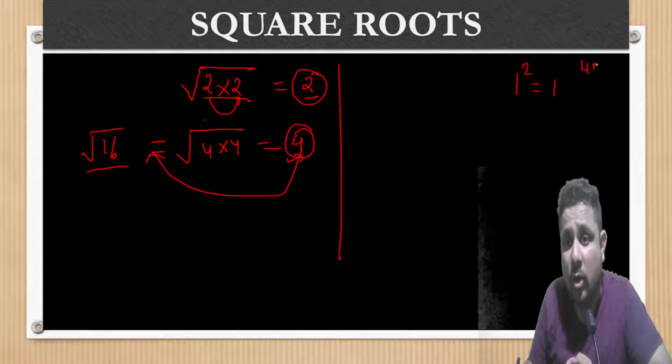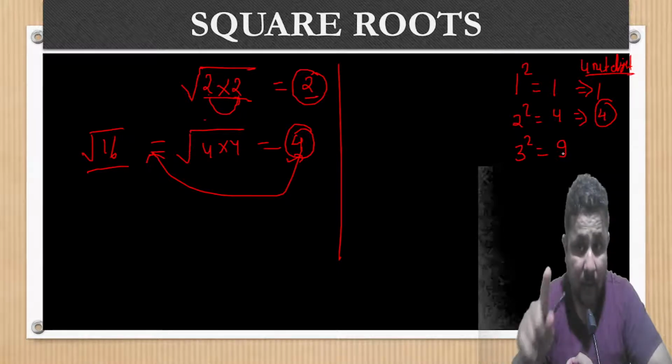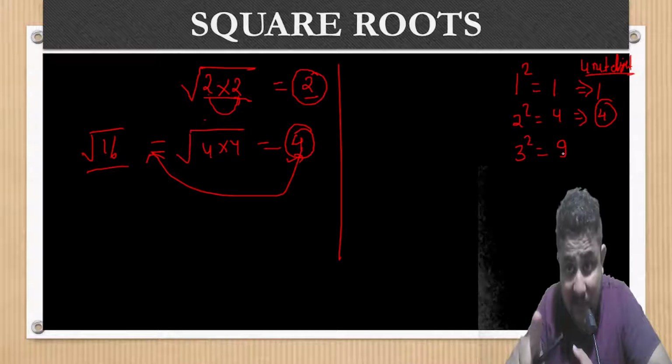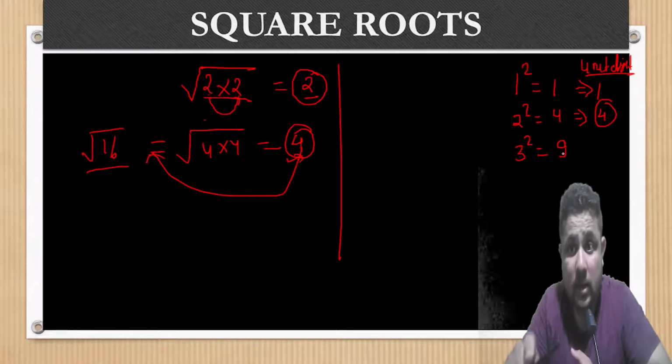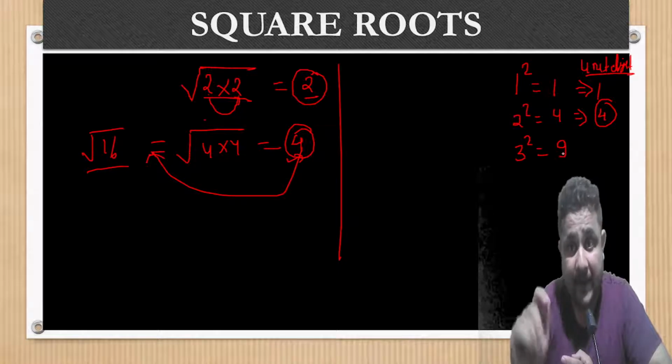If I talk about the unit digit, here the unit digit is going to be 1. 2 square is equal to 4 and here the unit digit is 4. Clear? Now 3 square is what? 9. This is very important, right? Just keep this in your mind because we are starting from the basics. This point which I am discussing here is the most important point in our square root trick.